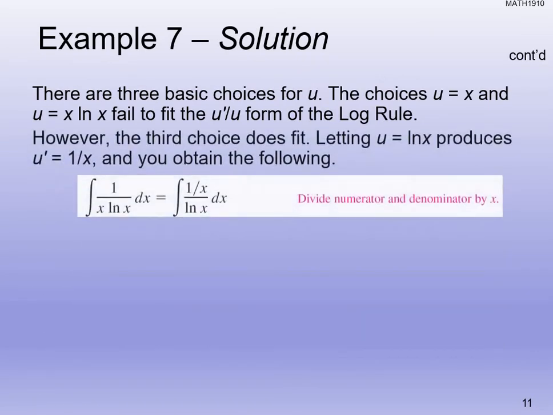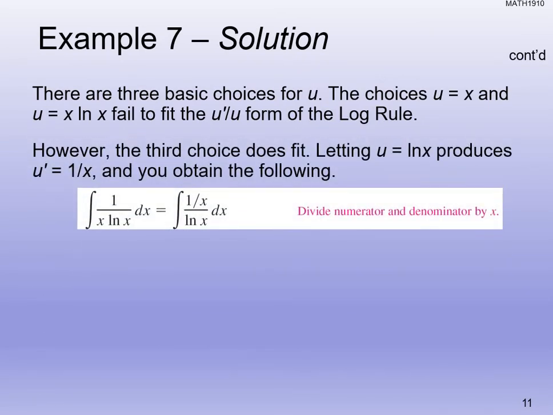That doesn't always work out, but we can see that if we let u equal the natural log of x, it's going to work with our du equal to 1 over x.